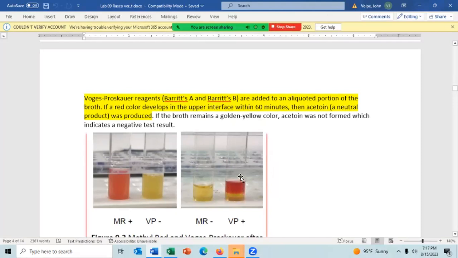It usually is not all of the tube, but if a portion of the tube is red, then that's VP positive. If the tube remains yellow, then it's VP negative. So yellow for both VP and MR is negative. If it's red, it's positive. Any question about any of that?